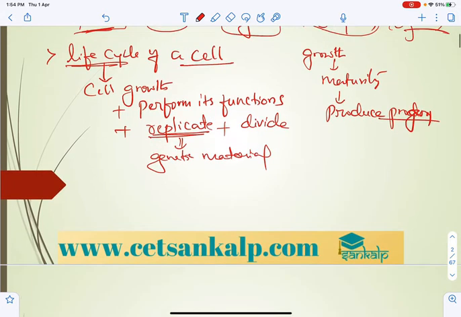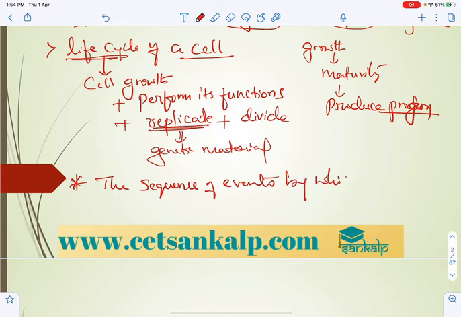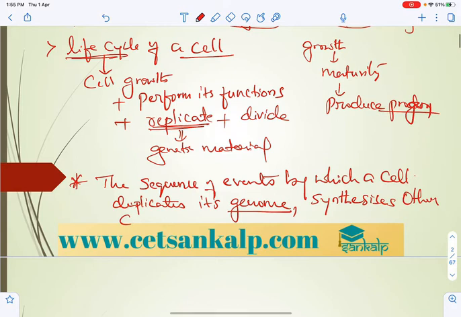Now we can define what exactly the cell cycle is. It is the sequence of events by which a cell duplicates its genome, which I already mentioned is its genetic material, synthesizes other cell organelles, meaning it duplicates not only the genome but also the constituents of the organelles, and eventually divides.